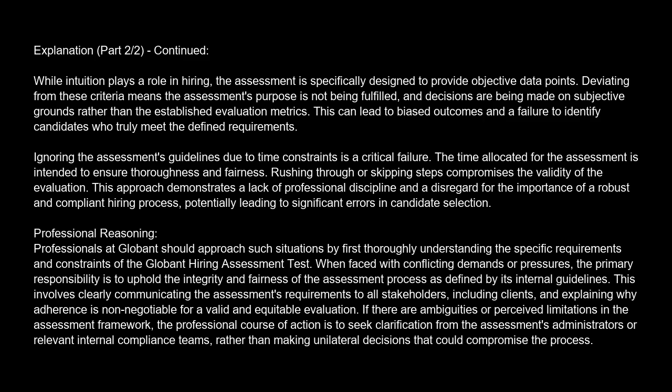Professional reasoning. Professionals at Globant should approach such situations by first thoroughly understanding the specific requirements and constraints of the Globant hiring assessment test. When faced with conflicting demands or pressures, the primary responsibility is to uphold the integrity and fairness of the assessment process as defined by its internal guidelines.